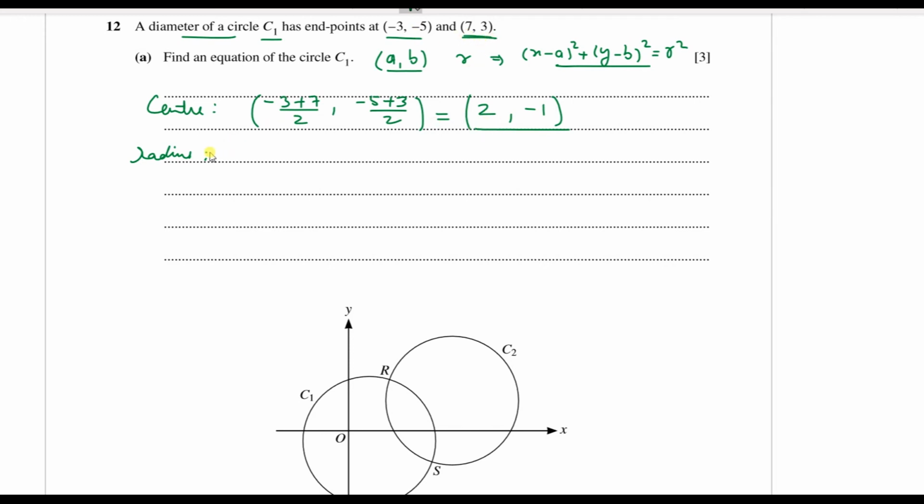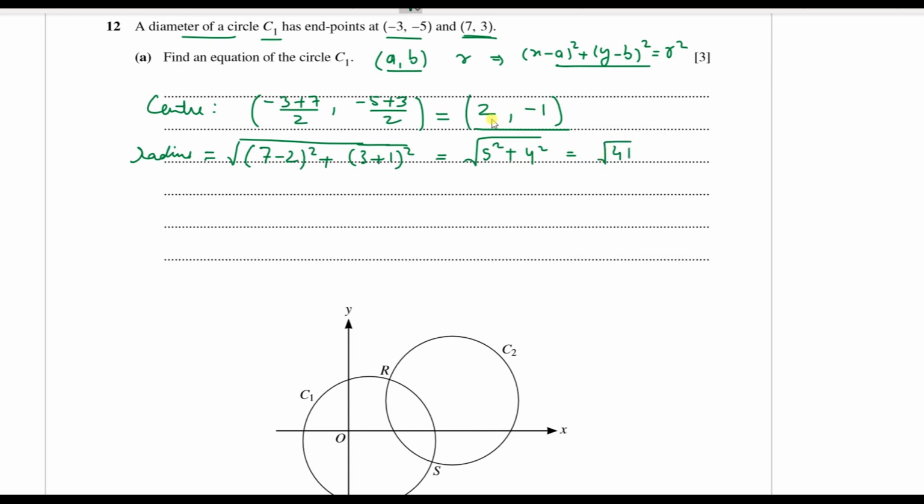So radius will be the square root of, using the distance formula, 7 minus 2 whole square plus 3 minus minus 1, that is plus 1 whole square, and it will become 5 square plus 4 square. 5 square is 25 plus 16, 25 plus 16 is 41. So it is going to be root 41.